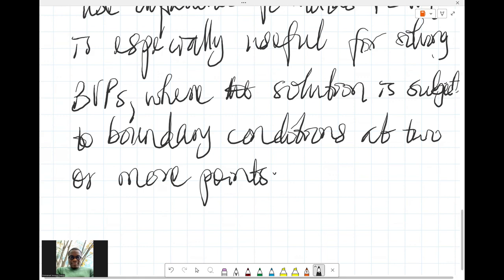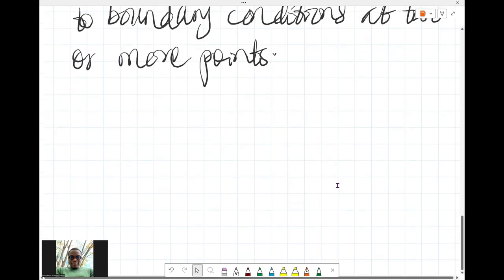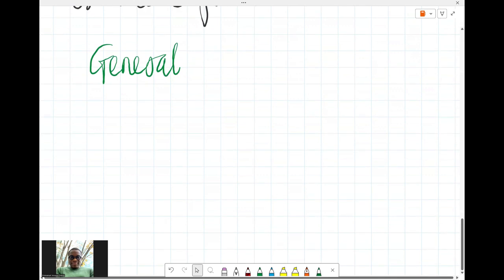Okay. Now, let's look at the general problem setup for the finite difference method.